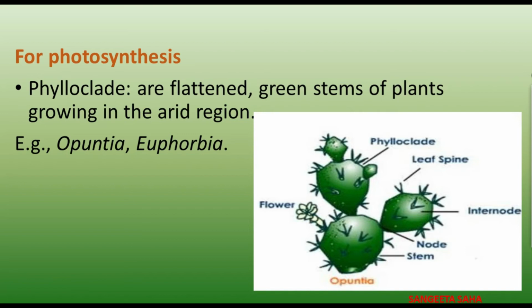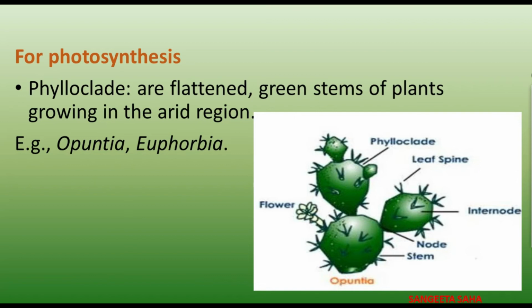Another type of modification that you get to see is the subaerial stem, where the stems run parallel to the ground and give off roots at certain intervals or nodes, like runner, stolon, sucker, offset, and this modification is done for vegetative propagation. You will learn about it in detail in higher classes.